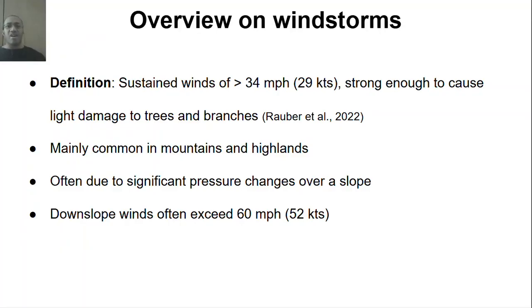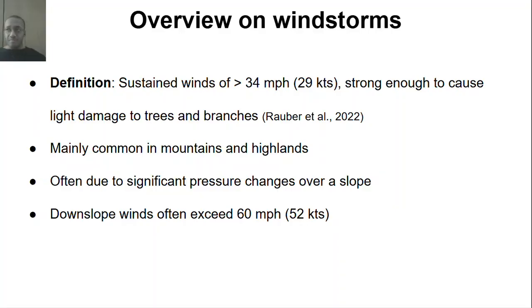And so the formal definition for a windstorm is having sustained winds of at least 34 miles per hour, which are strong enough to cause light damage to trees and branches. And so mountain windstorms are typically common in high elevation areas like mountains and highlands. And they typically happen because of significant pressure changes over a slope.